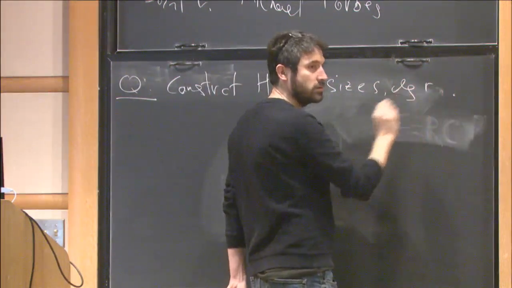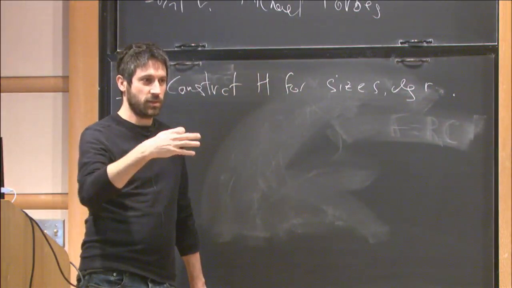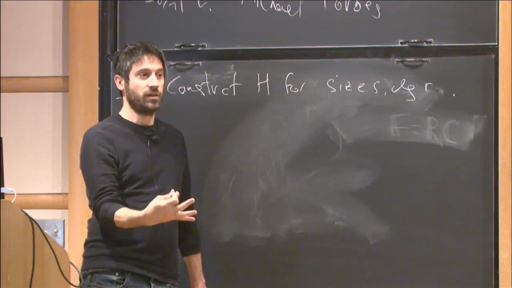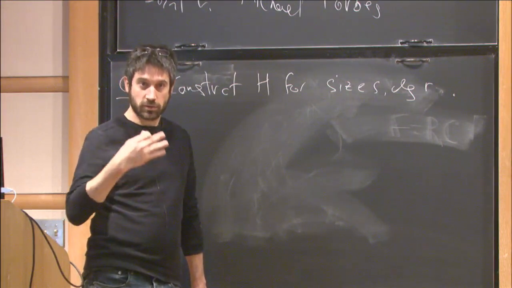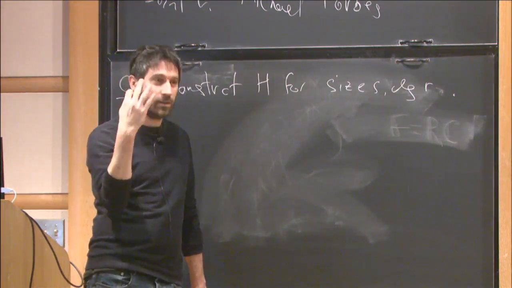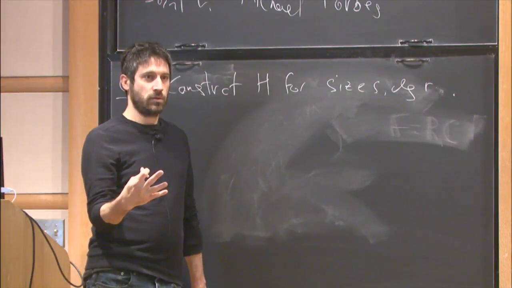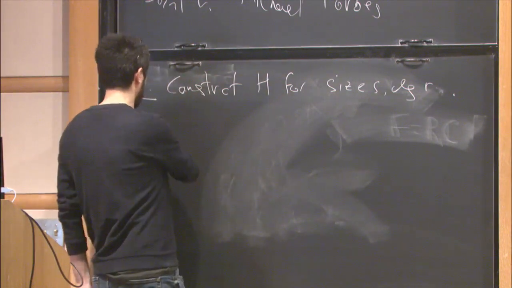So that's the question. We know that picking H at random works, but I want to be guaranteed that it works. So how do you verify that H works? You want not just to know that you're correct with high probability, you want to be sure that you have a hitting set. Okay? So this is an interesting question.